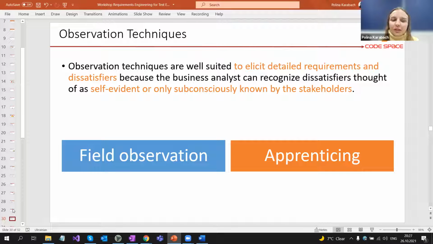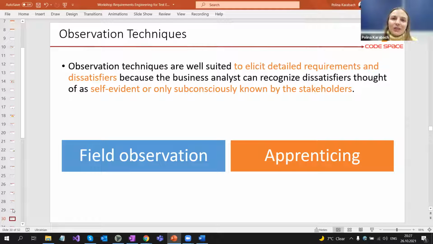By this observation, we can notice some things like the use of shortcuts, or some order of steps that they perform, or even where they usually look for our features in the system, if there are multiple options. So we can uncover some things that are not obvious to us, but very obvious to the users.